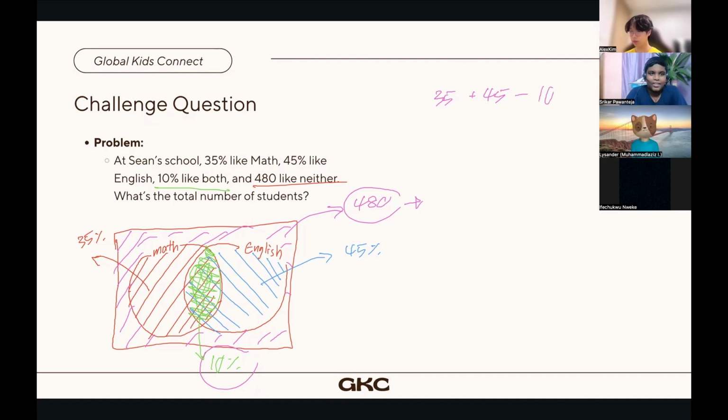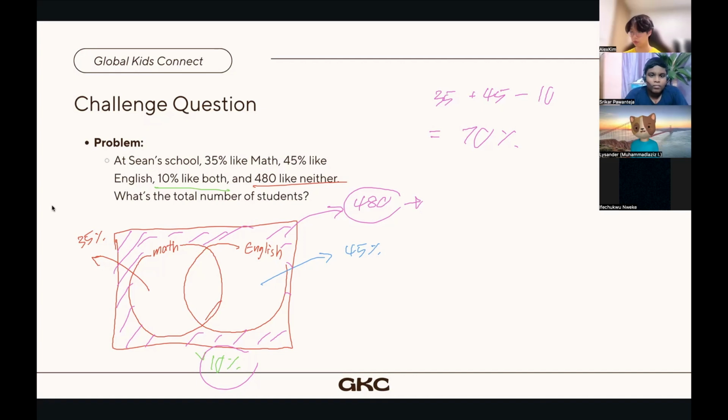So that we get this equals 70% of students like either math or English. So what we found right now is, if I erase things a bit, the area that is here.